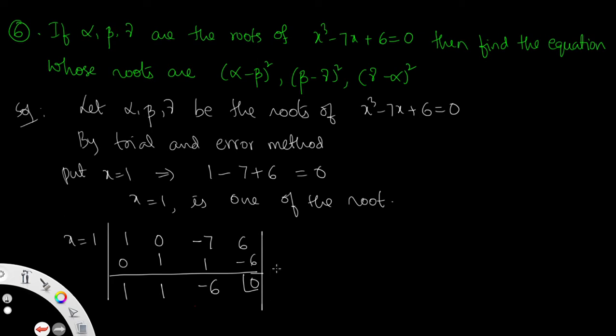And then write what the factors in this equation are: x cube, x square, x, and the constant last. The remainders are the coefficients you have to write. So therefore x cube minus 7x plus 6 equal to what are the factors? x equal to 1 is a factor, so x minus 1 is a factor of the given equation.